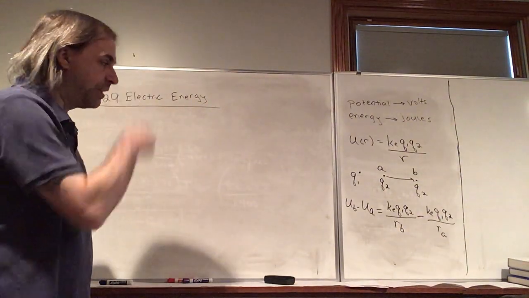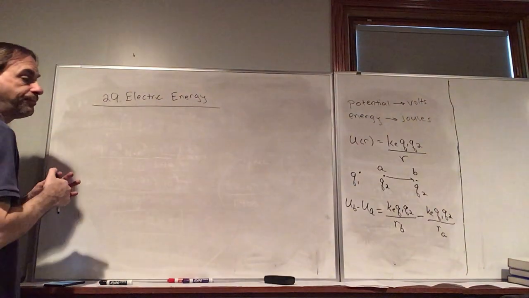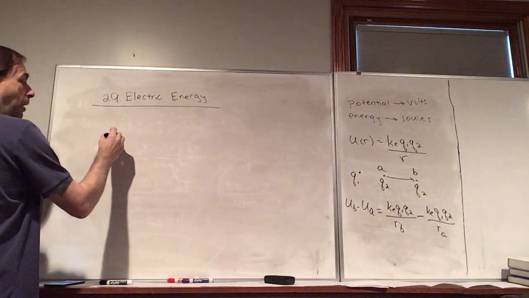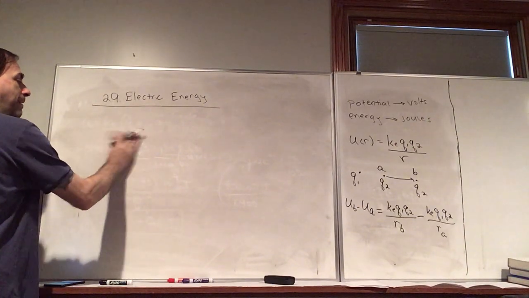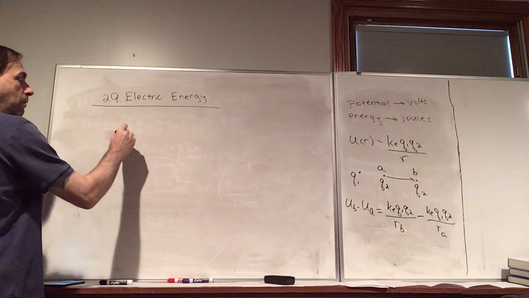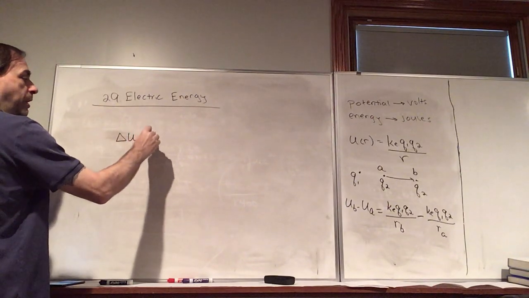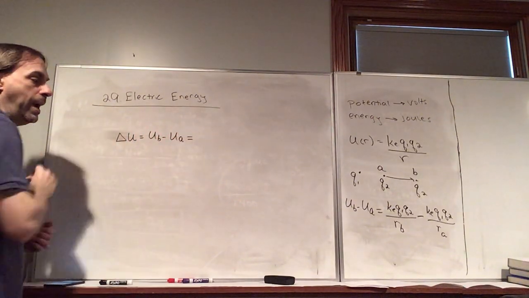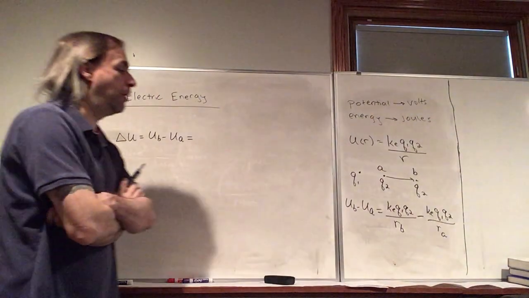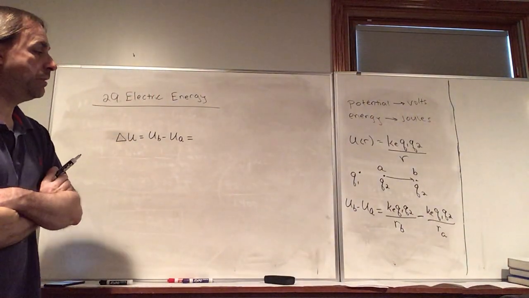Now, why are we doing this? Well, I'm going to rewrite it here. I'll write it like this. Delta U would be UB minus UA. And what I'm going to do is factor out this Q1.